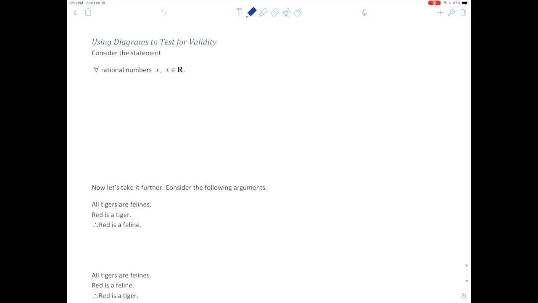So this is saying, remember, if x is a rational number, then x belongs to the set of real numbers.